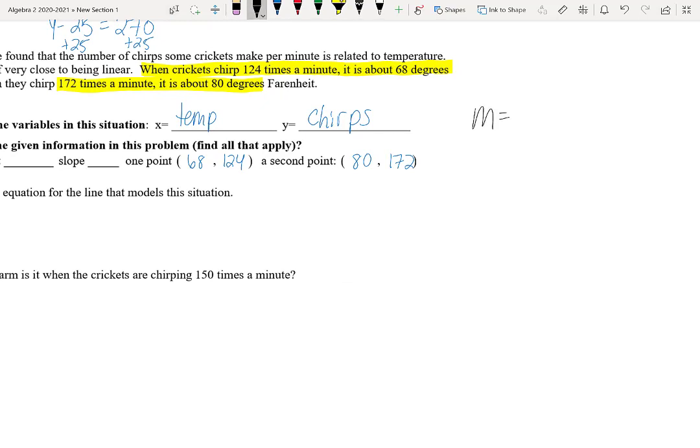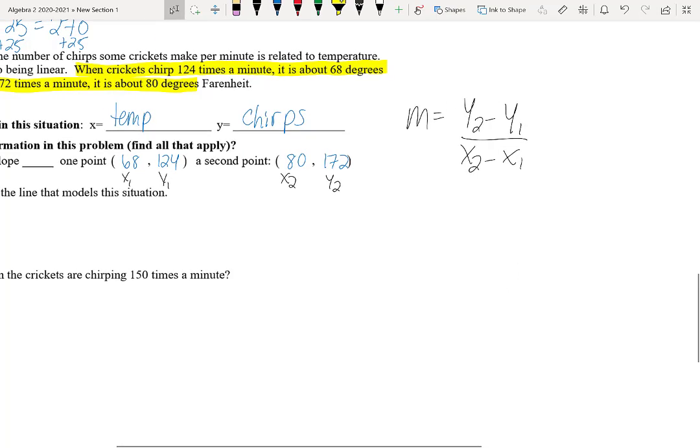Remember, the way I would calculate slope is y2 minus y1 over x2 minus x1. And in this case, it doesn't matter which one you call x1, y1, x2, y2, you're still doing the same process. So in this case, 172 minus 124 over 80 minus 68.